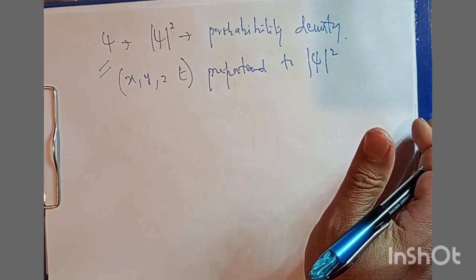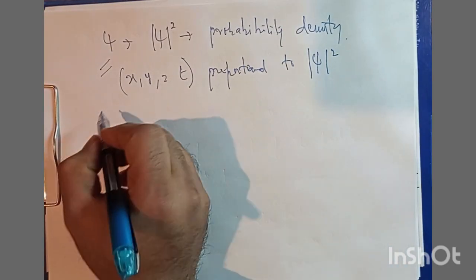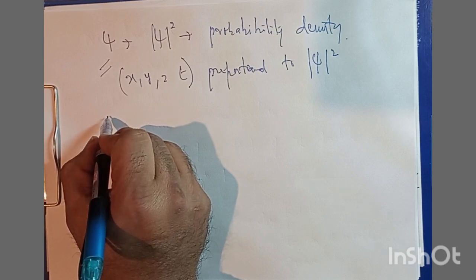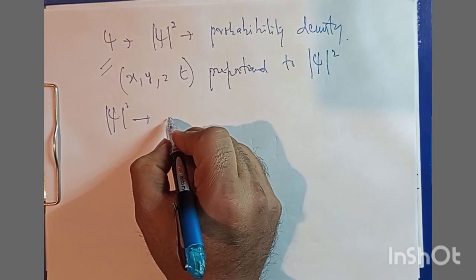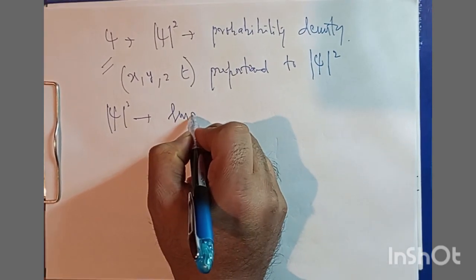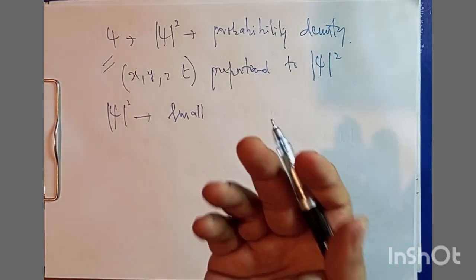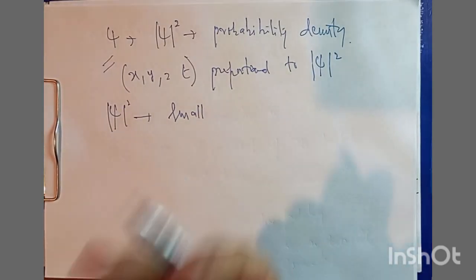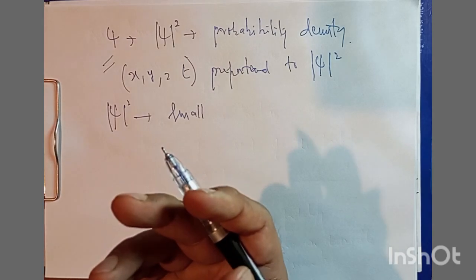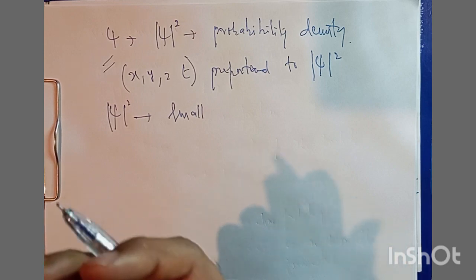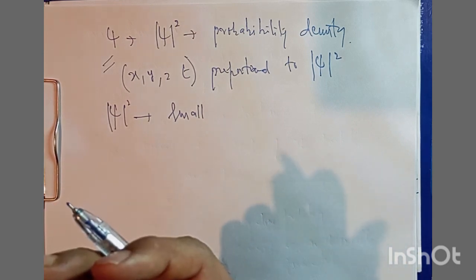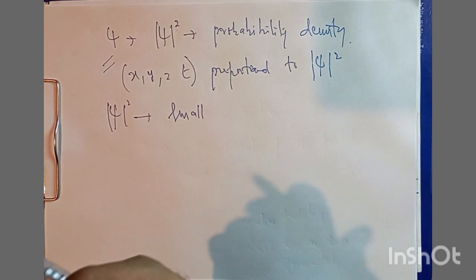Now, if we come up with a small value for this psi square, then it means the probability of finding that object or particle here is very less. And if it comes out to be big, then we'll say that the probability of finding that particle at that instant, at that position, is large.